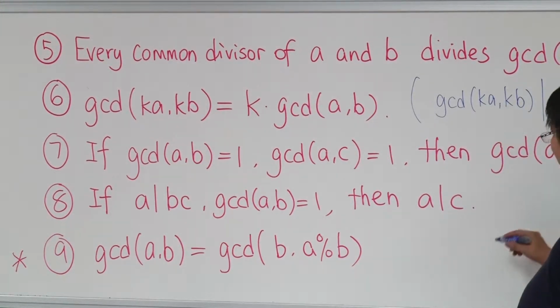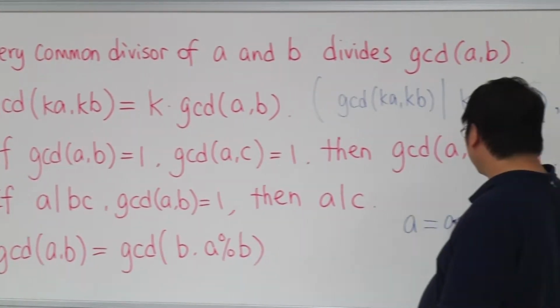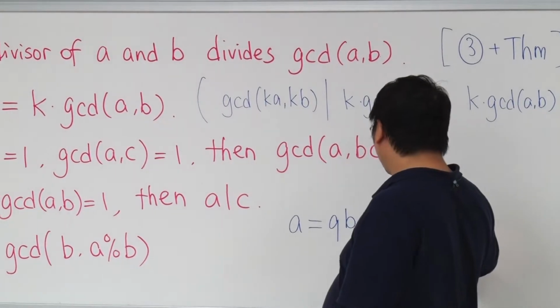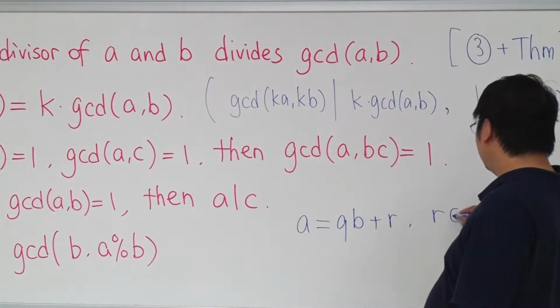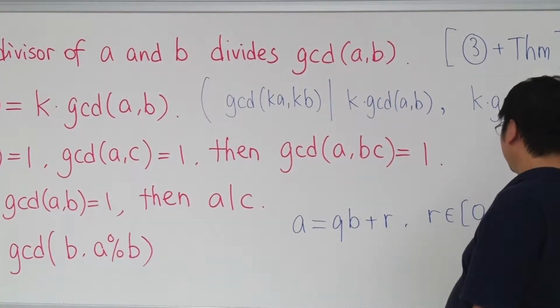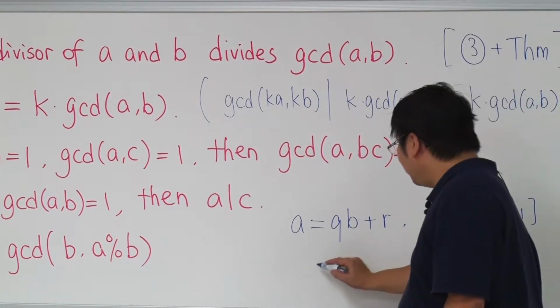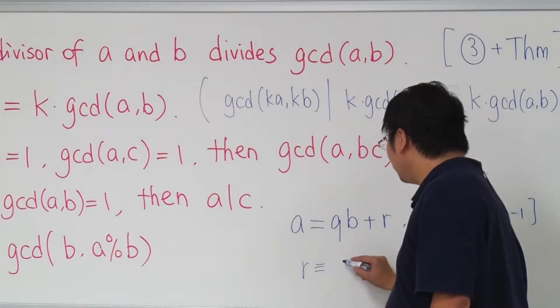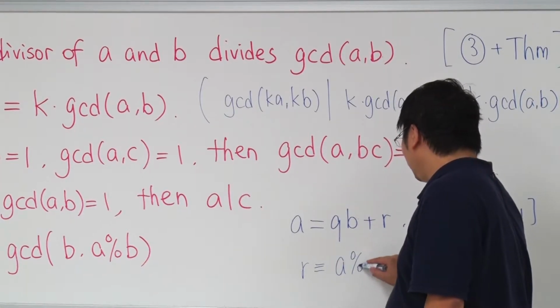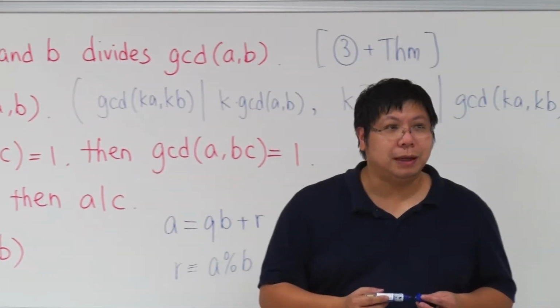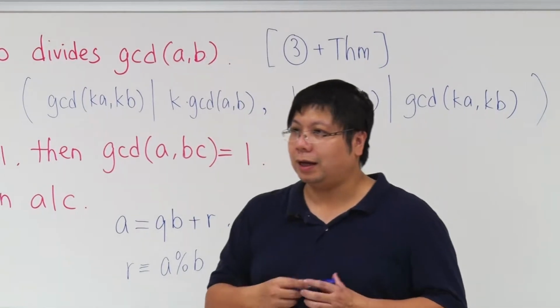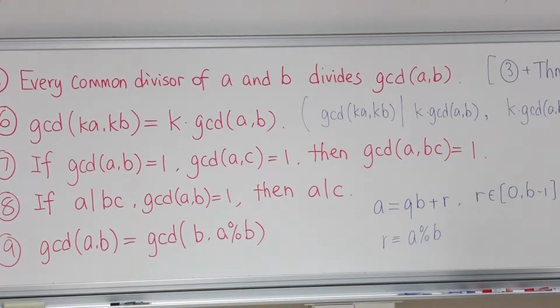By the unique factorization theorem, let's say when A is divided by B, we get A equals QB plus R for some R between 0 and B minus 1. Then we define this R to be equal to A modulo B. Is that okay? The remainder of A when it is divided by B. Okay, so A mod B.